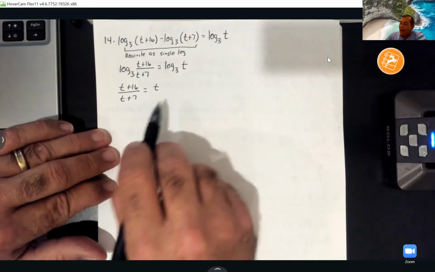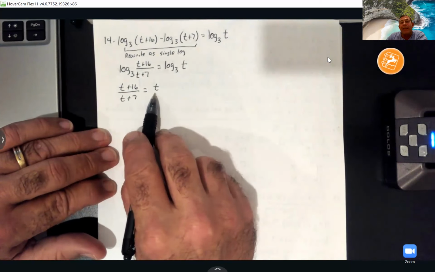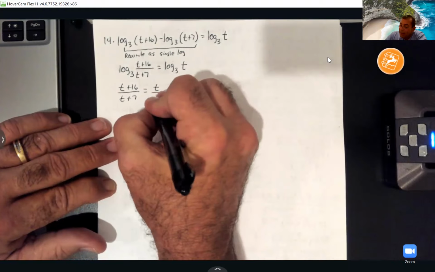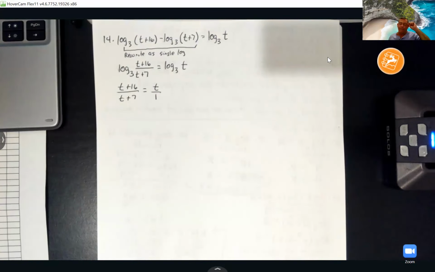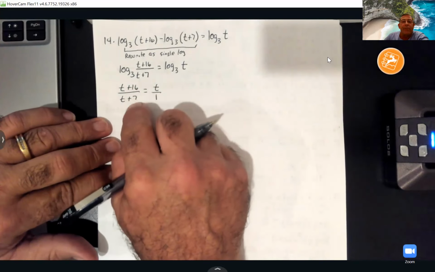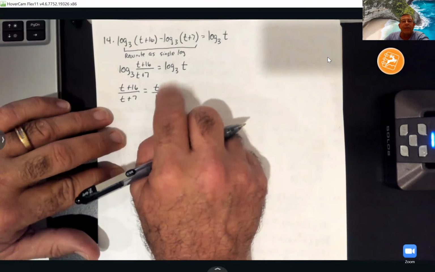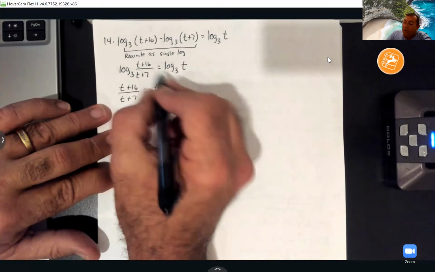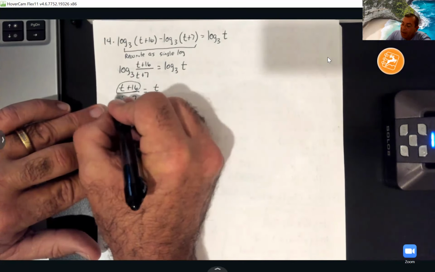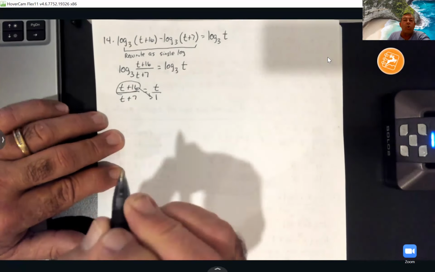Okay, now I'm going to make this t look like a fraction by adding a 1 under it. Now this is a fraction equal to a fraction. So to solve this, I'm going to cross multiply. I'm going to take this top times 1.